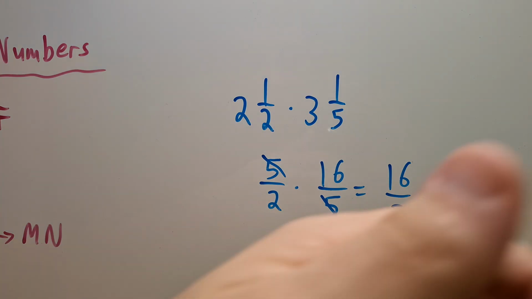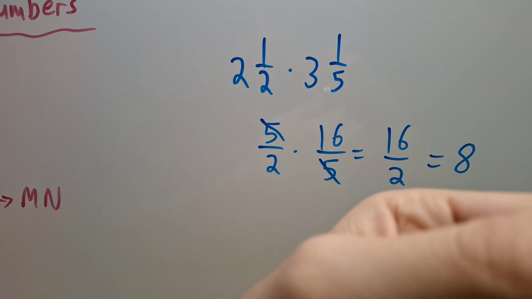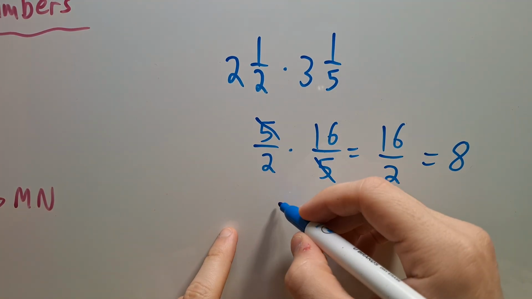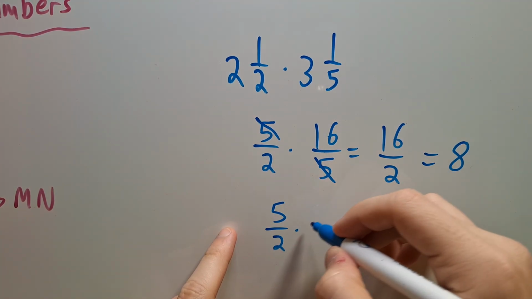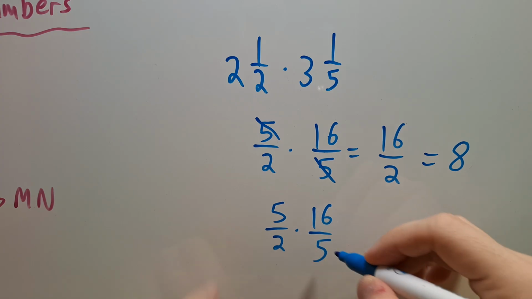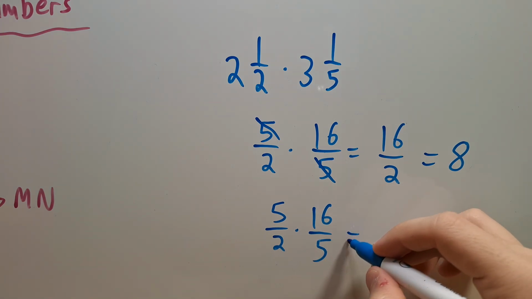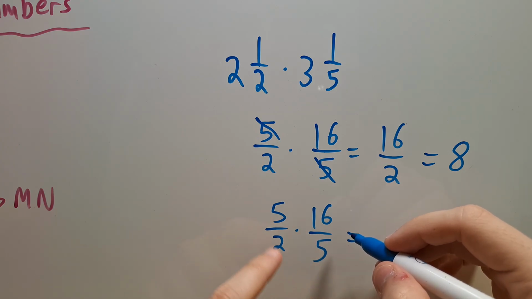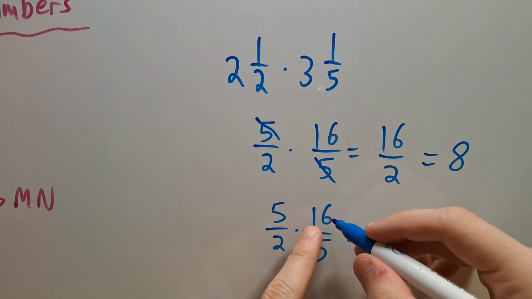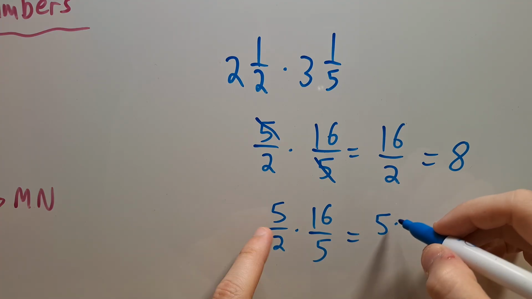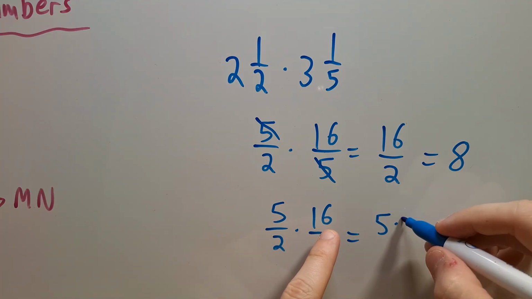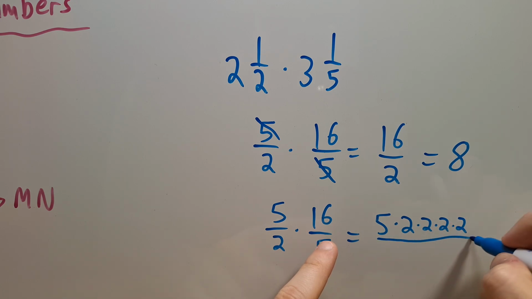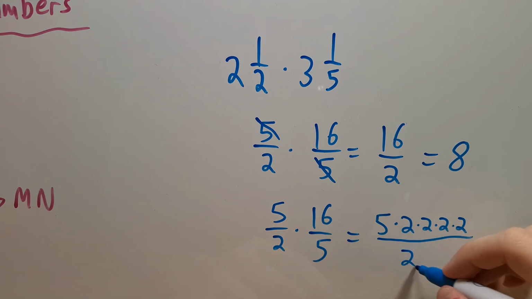Another way I could have done this, let me show you this technique here. Had I not taken this shortcut, rewrite it here, 5/2, 16/5. What I could have done is write out the prime factorization of all my terms. Since 3 of my numbers are prime, I only have to worry about writing out 16. So 5, and then 16 is just 2 multiplied by itself 4 times, over 2 times 5.